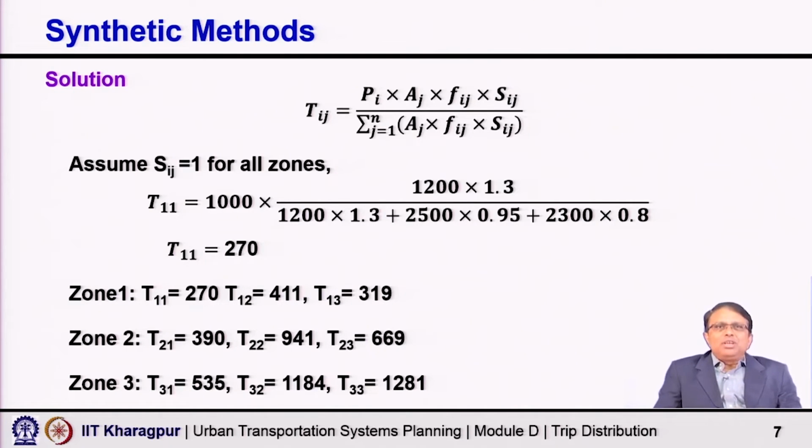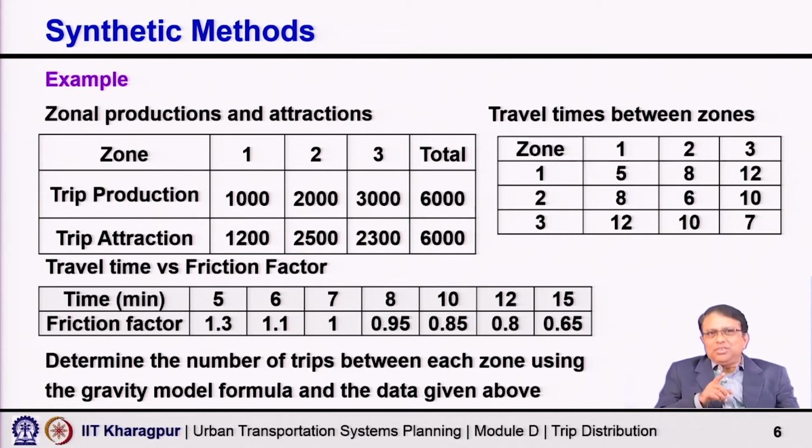Here is our equation: Tij equals Pi Aj Fij Sij divided by the sum over Aj Fij Sij. As I said, I have not yet explained what Sij is, so let us take Sij as 1 for all zones. Then what is T11? Pi is the production from zone 1, which is 1000.